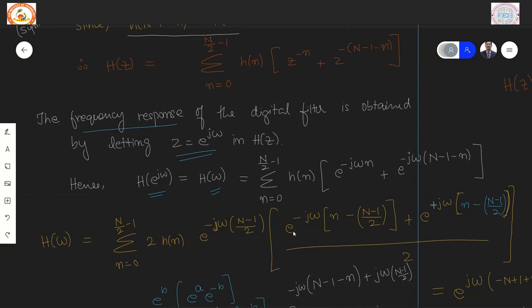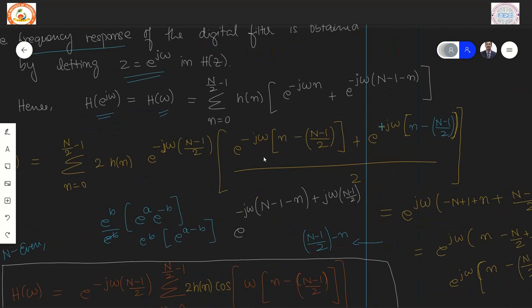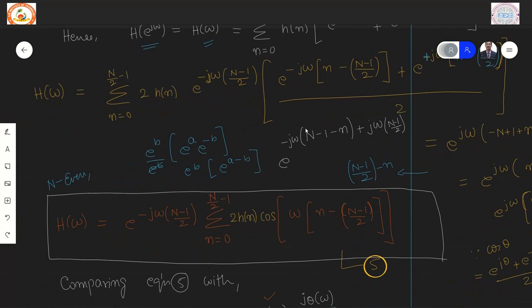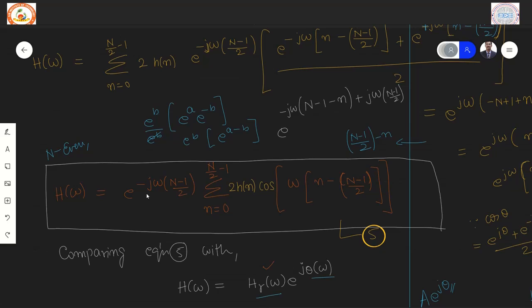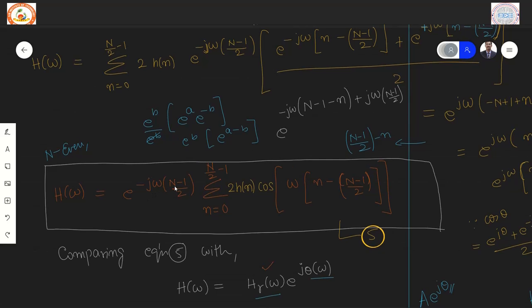Therefore, now the equation could be written as e power of minus j omega (N minus 1) by 2 outside the summation. Within the summation, limits are n is equal to 0 to N by 2 minus 1, 2 times h of n cos of omega times (n minus (N minus 1) by 2).